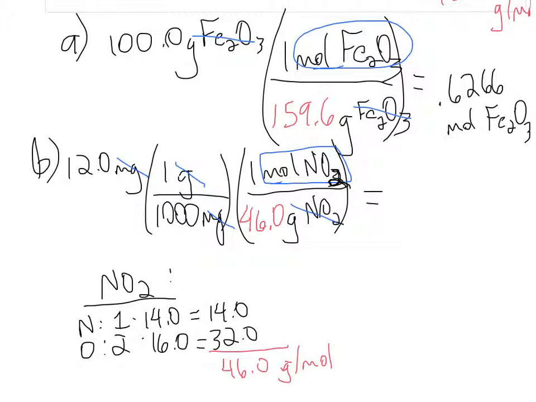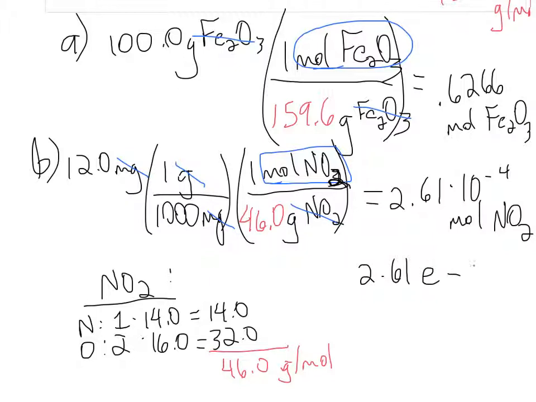And it works out to be 2.61 times 10 to the -4th moles of NO2. When I go to type that into WebAssign, I'm just going to type 2.61 lowercase e and then -4. WebAssign will read that as 2.61 times 10 to the -4th. It's a nice quick way to enter that.